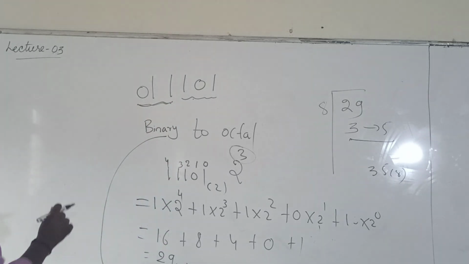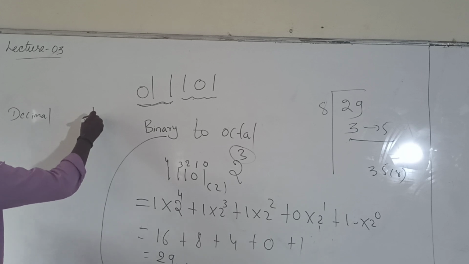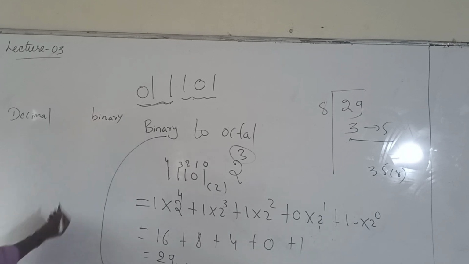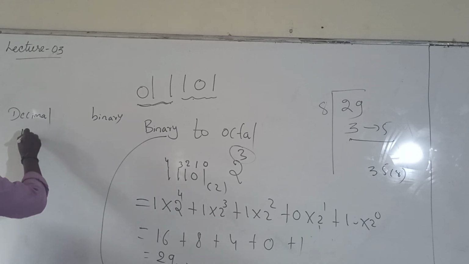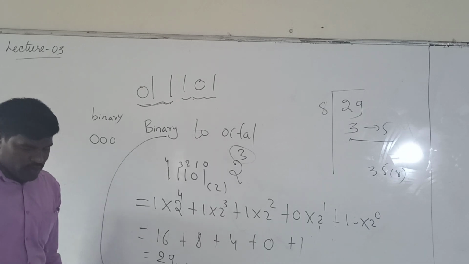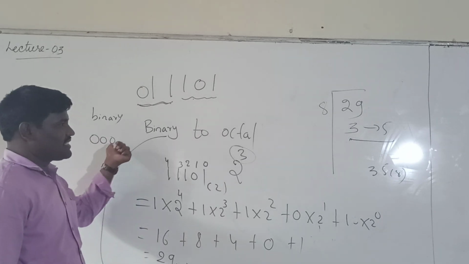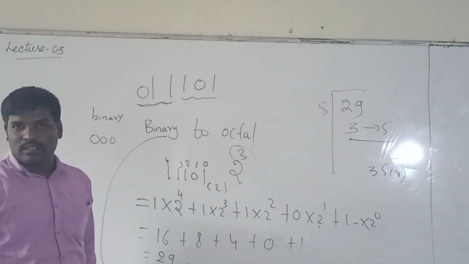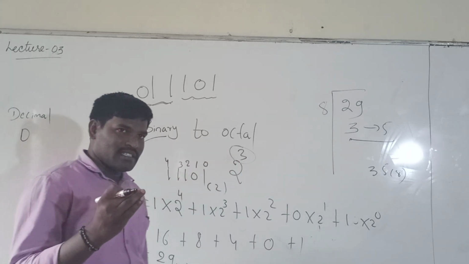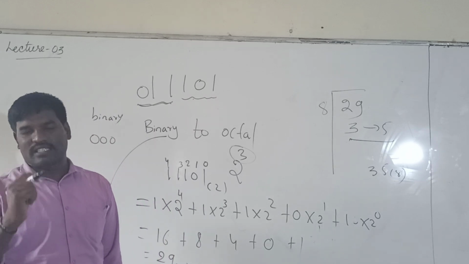Before this, I have to write some numbers. Here decimal number and here binary. In decimal, 0 is equal to 000. We take 000 because it can be represented in octal format. 3 digits indicates 3 bits.